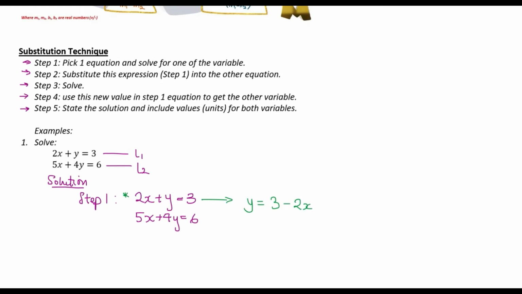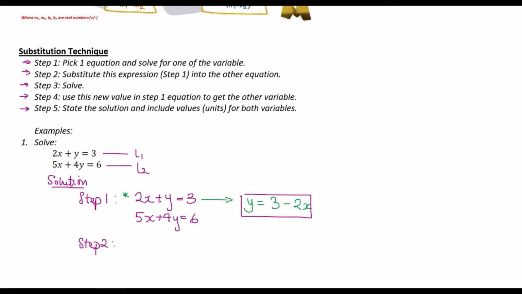So in here our step 2 is looking at how to substitute this into the other equation. We're going to pick this particular expression here and substitute it into either line 1 or line 2.